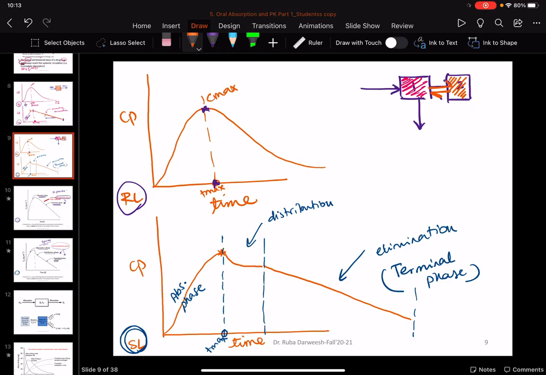So this is what we can see in this part, which is related to distribution before we reach the equilibrium that we can see in the second part, the other phase or the terminal phase.